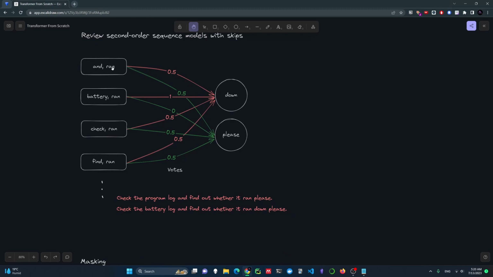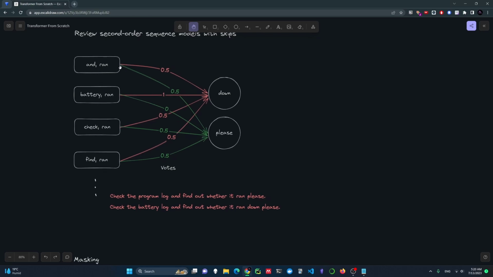And we saw that we can express this prediction as a form of voting system and essentially features, right? So if we want to get the probability or, well, essentially vote of the next word being down, we simply add up all the weights here or features, right?